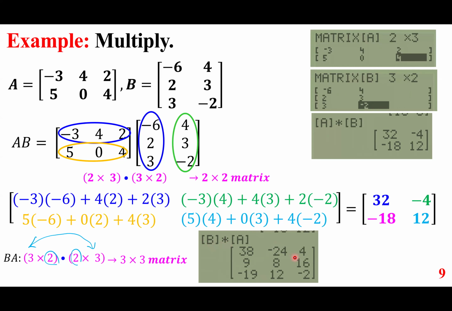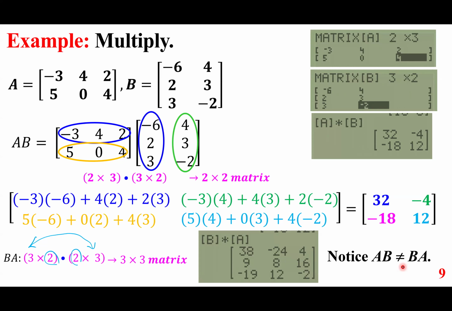And what's very important, AB is not equal to BA. The only time AB and BA are the same is if the two are inverse matrices, their product is an identity matrix. And they must be square, of course, for it to work.